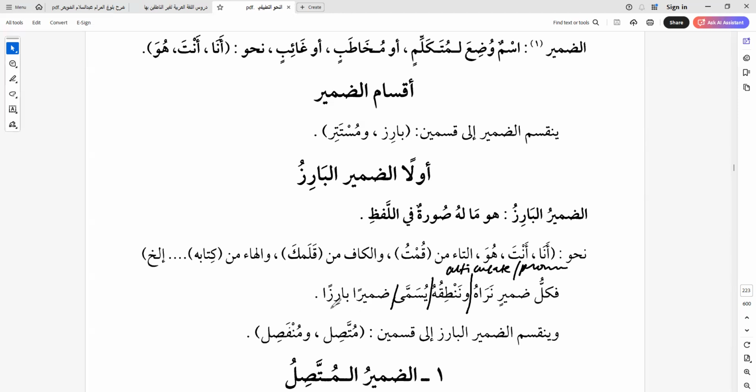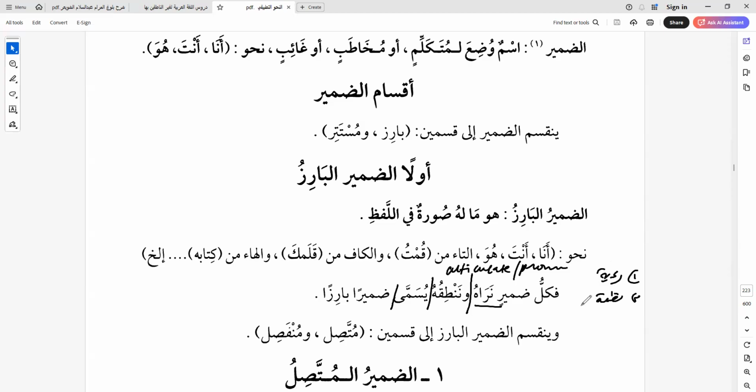It's called ضمير بارز, manifesting ضمير or manifest ضمير. ضمير that appears, because نراه, الرؤية, right? We can see it. And then the second, النقط, right?